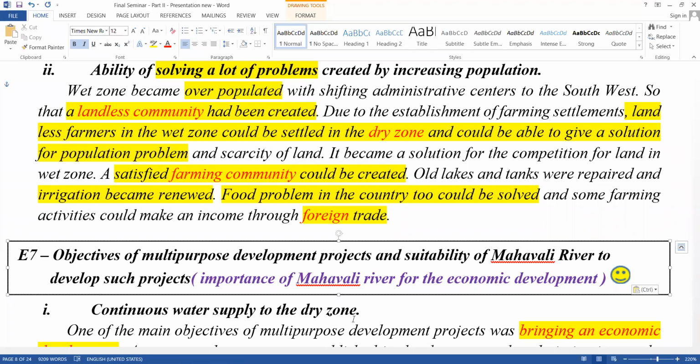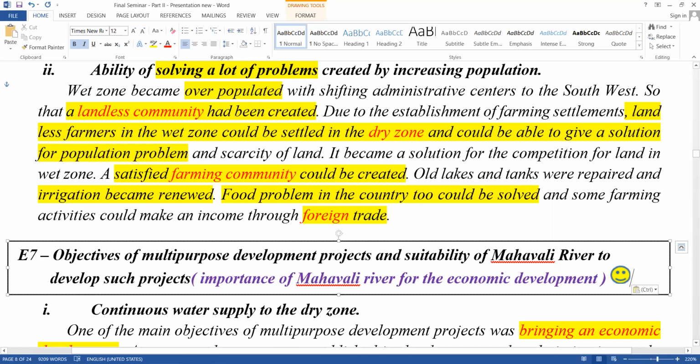They dammed, they blocked the Mahaweli River at different places like Polgolla and others. They took that Mahaweli water through canals to Bowatenna Reservoir and some other reservoirs, and from there the water was sent to the tanks in the dry zone. So the farming people in farming settlements could get a continuous water supply.